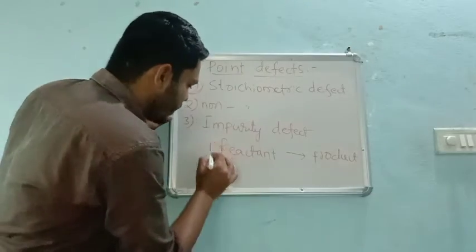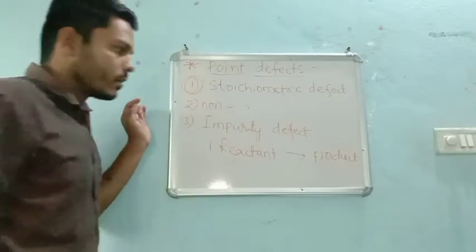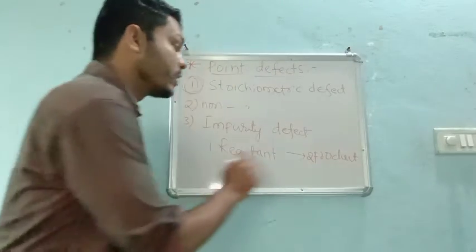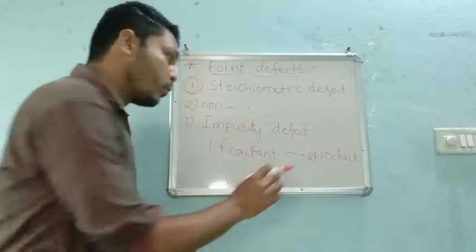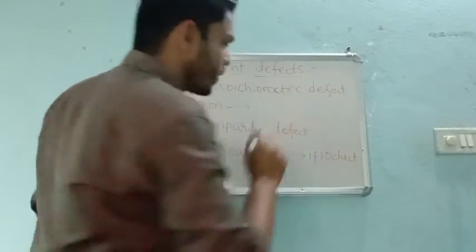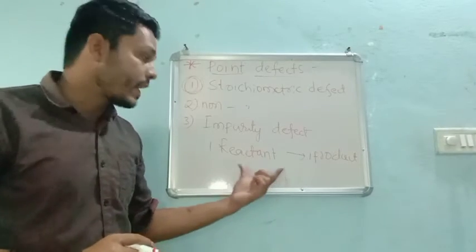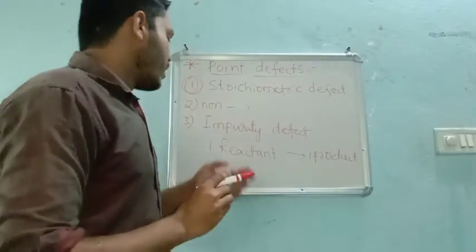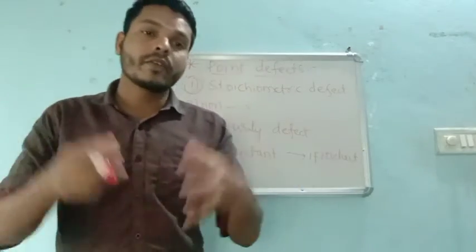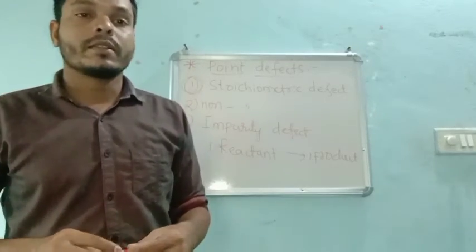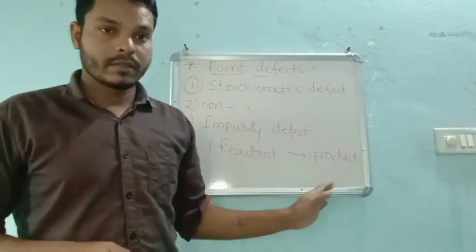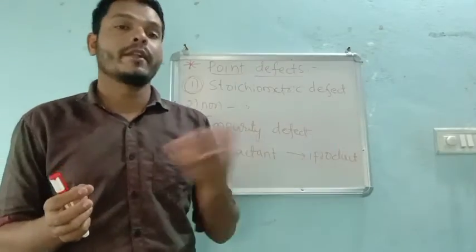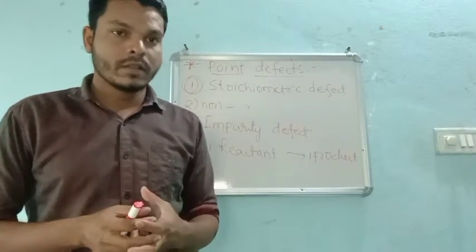If the reactant is 1 mole and the product we get is 2 moles, then it is not called stoichiometry. If both are the same, then it is called stoichiometry. They must be equal. The amount of reactant we take into the reaction, that much product we should get. That is the stoichiometric defect, meaning the ratio should be maintained overall during the reaction, right?